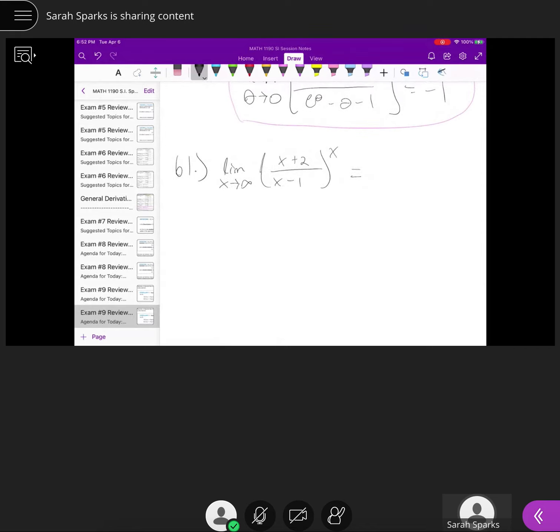I think technically it's going to be a 0 to the infinity power, or I think when I wrote it down, I wrote it as infinity divided by infinity to the infinity.